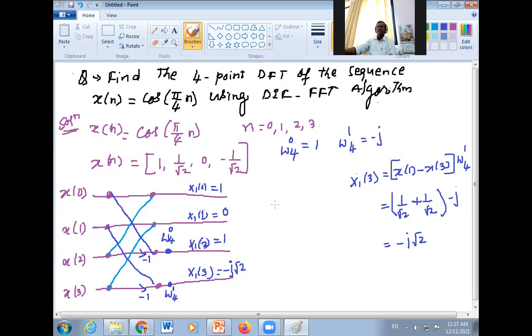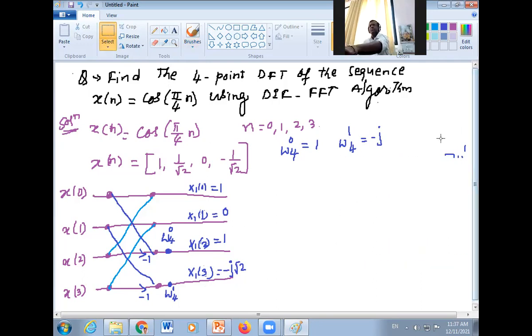Then similarly, we will go for the second stage computation. So that means let us further extend the diagram. Here, this way I am just extending this diagram. Stage 1 computation is over now. Then further, let us extend this way.